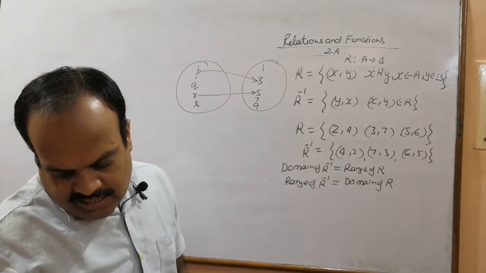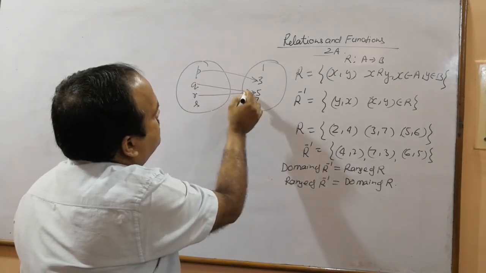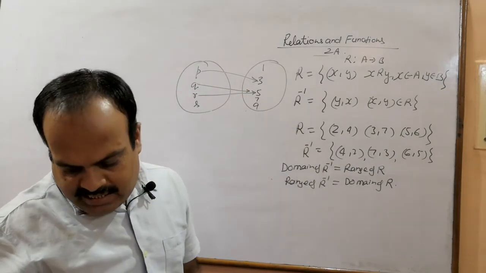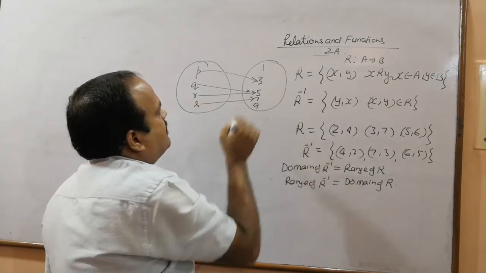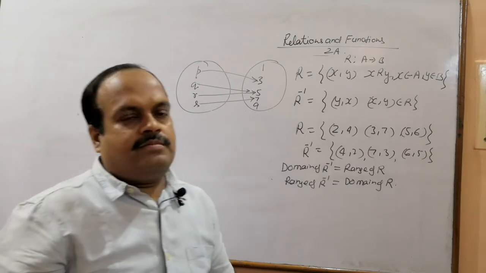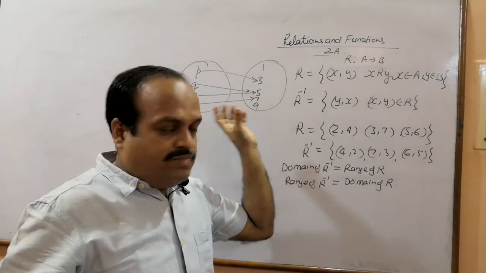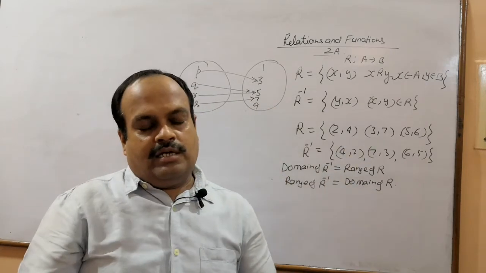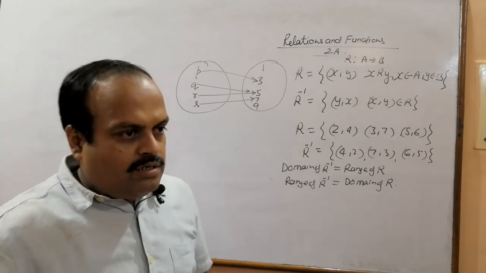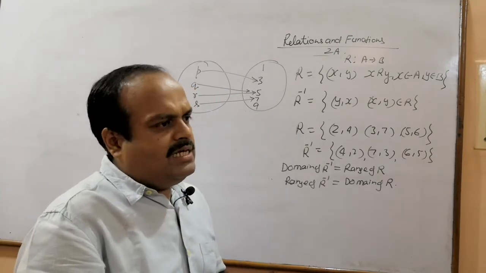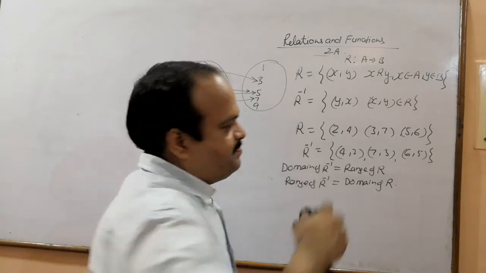Q has relation with 5. S has relation with 7. So the diagram we have used here to show a relation, you can say that diagram is mapping.